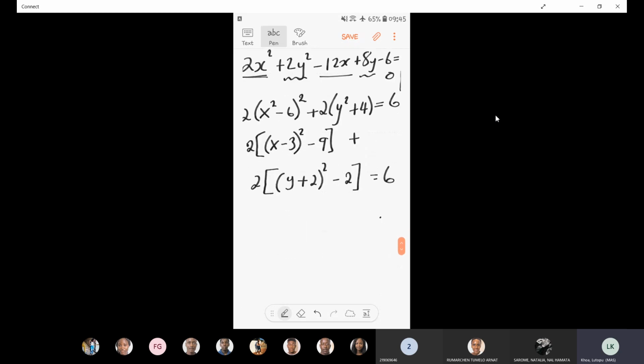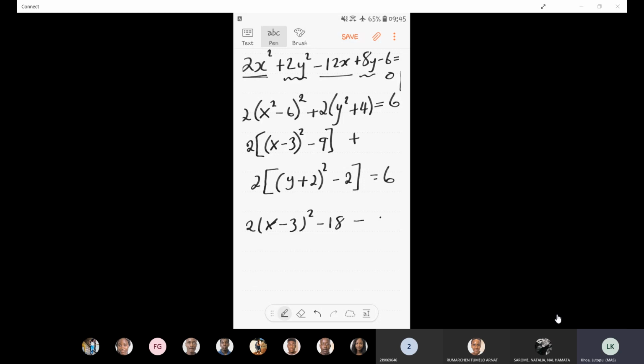Then I'll multiply the 2's that are outside the square brackets. So I have 2(x minus 3) squared, and then minus 18, and do the same thing with the other one.